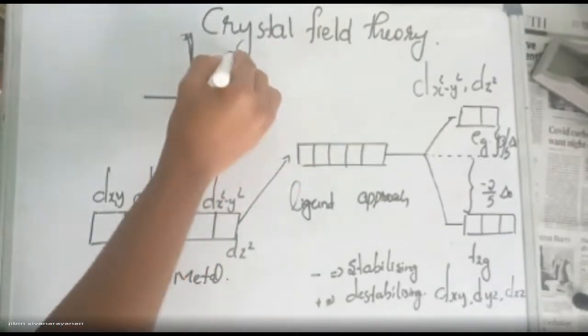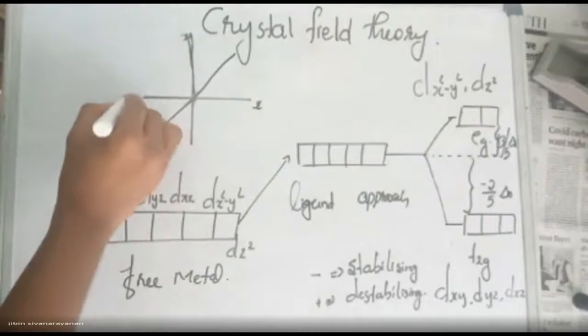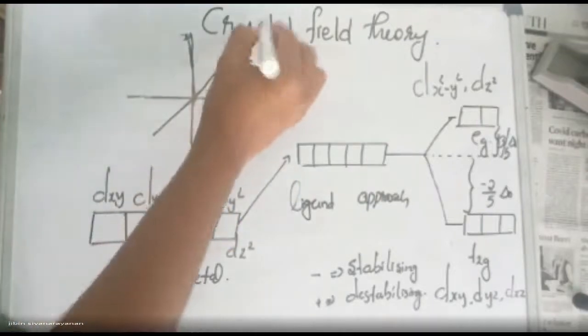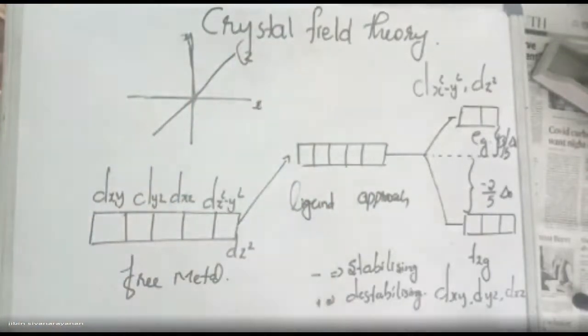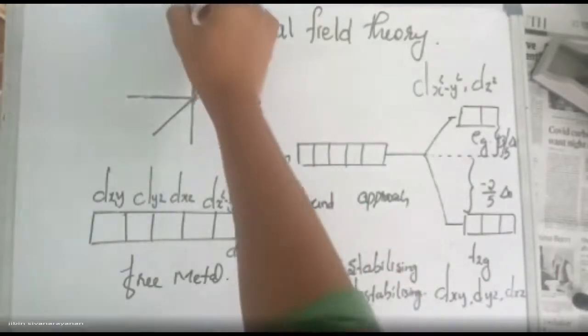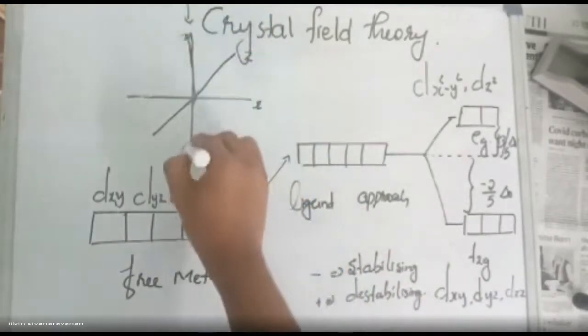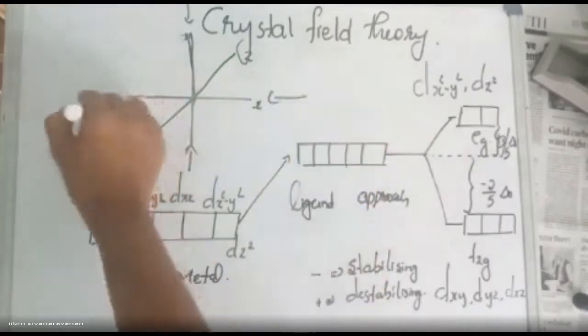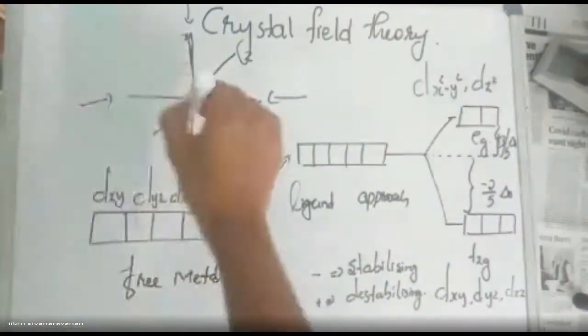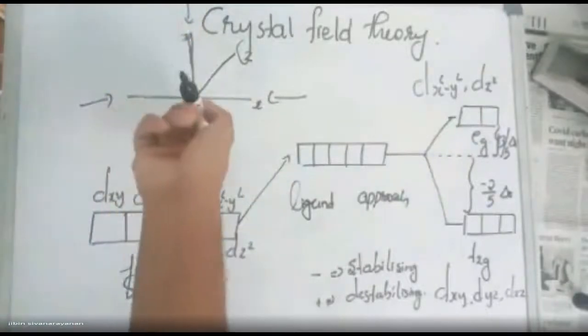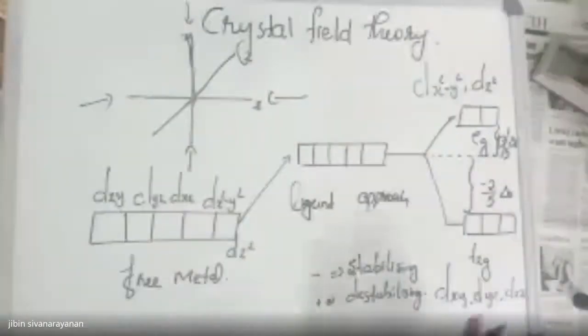The six ligands approach the metal ion through the axes: one from here, another from here, one from here, another from here, one from above the plane, and the other from below the plane. These are the six positions available for the ligands to approach the metal ion, all through the axes.